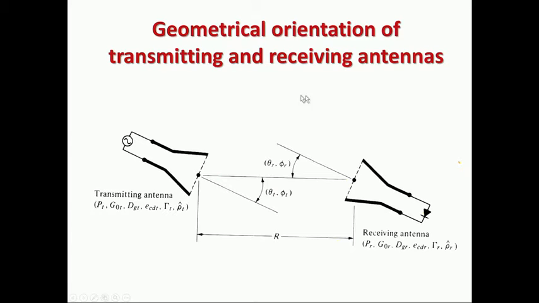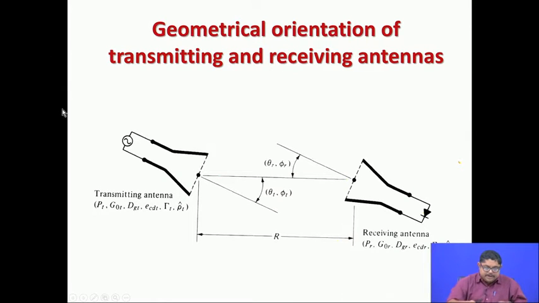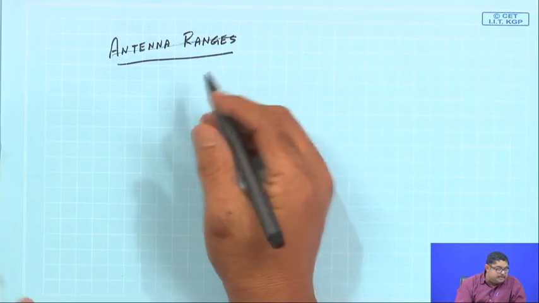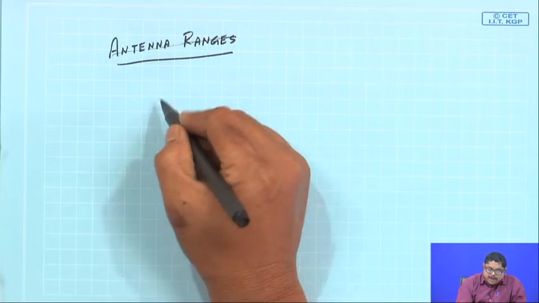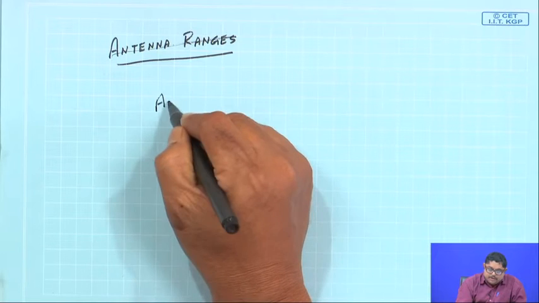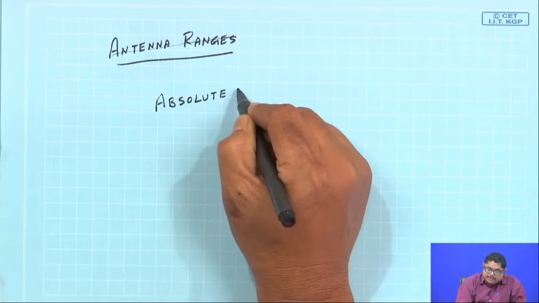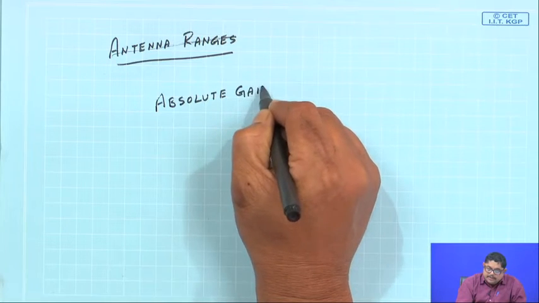Before that, we will be referring to this, but now we will see how the range is measured. We have seen the Friis transmission equation. Now, there are two types of gain measurement. One is called absolute gain measurement.